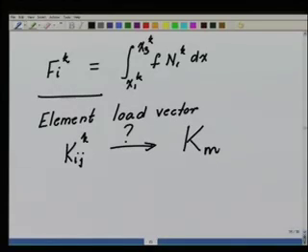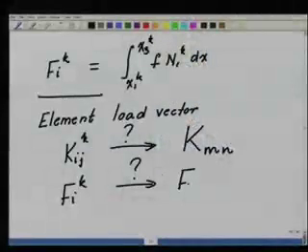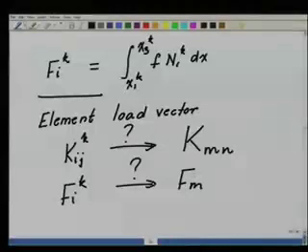Globally, which m, n should it go to? That is where I have to assemble this. Similarly, where will the f_i at the element go to globally? Which f_n? This information we have to have.